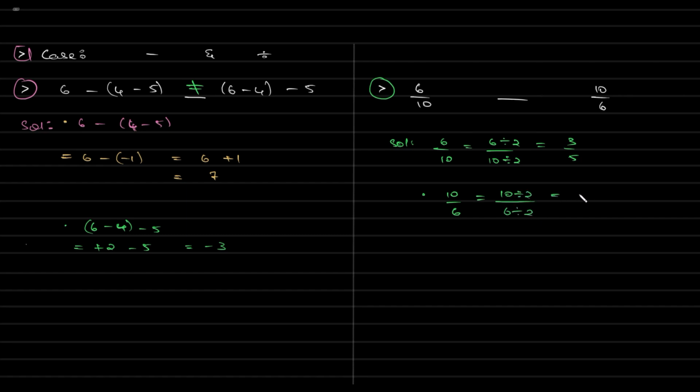So I can divide with that and I have 5 by 3. Clearly they are not equal, and so division and subtraction does not lead to the same answer when we associate in a different way. Subtraction and division will not result in the same thing.